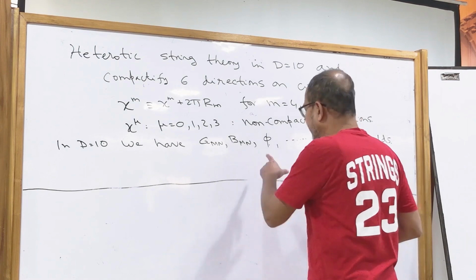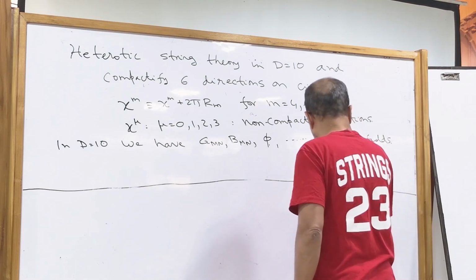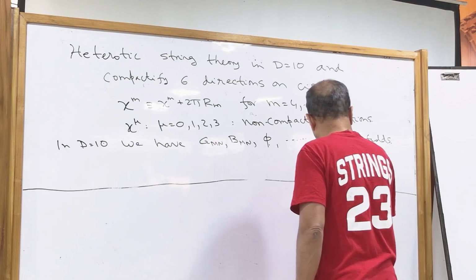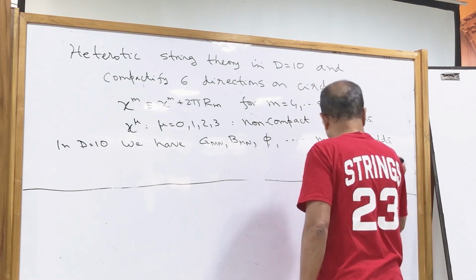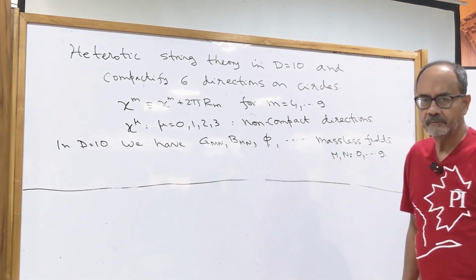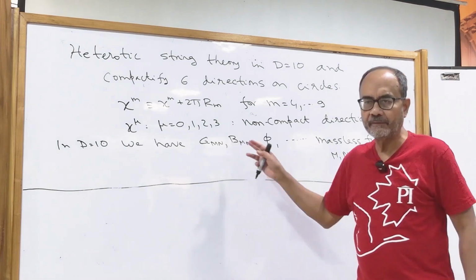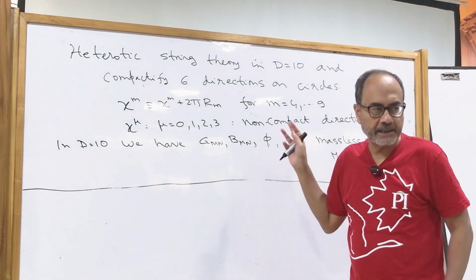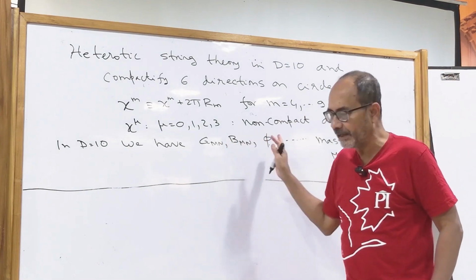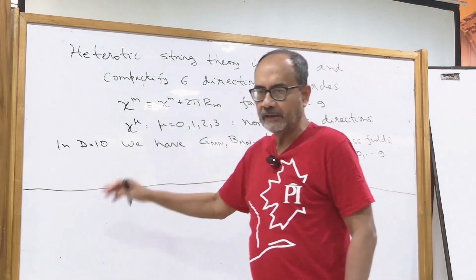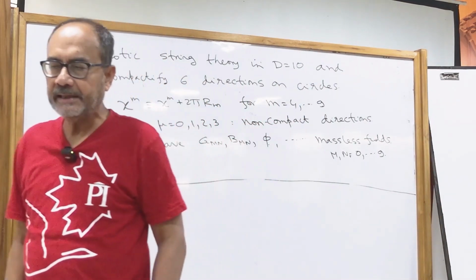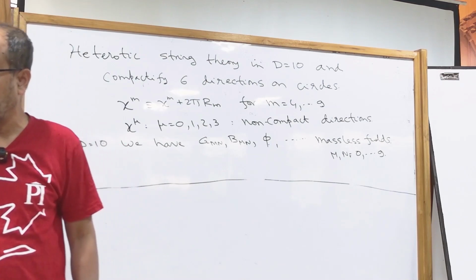Here M and N run from 0 to 9. This you have seen. These are present even in bosonic string theory, right? So this part is common to all string theory, so we can start with that. The other massless fields you don't have to worry about right now.